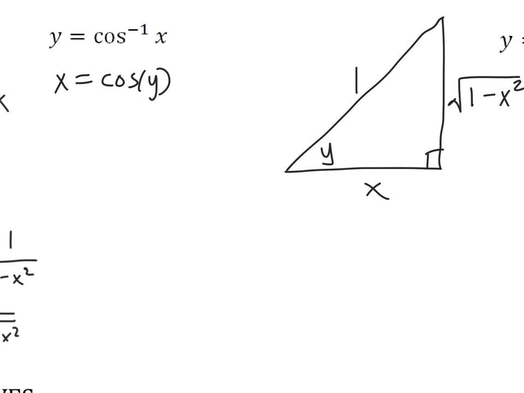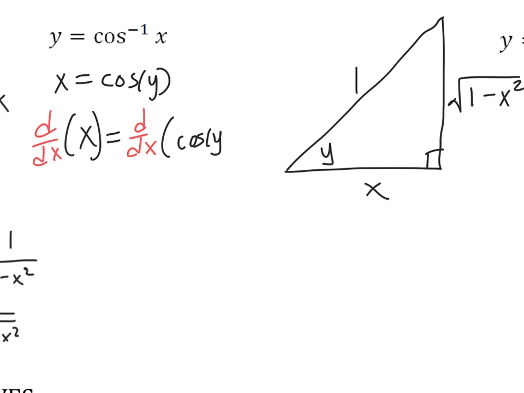So what I want to do is take the derivative with respect to x. So d/dx of x, and that's equal to d/dx of cosine of y. Let's evaluate this derivative. I'm going to get 1 here, and then the derivative of cosine. The derivative with respect to x of cosine of y, these are different variables, so I have to use the chain rule, implicit differentiation.